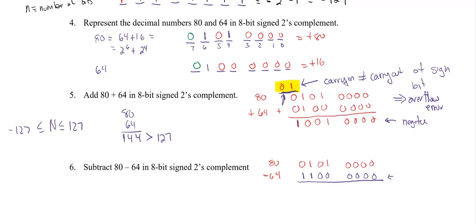Now we go ahead and we add those, 0, 0, 0, 0, 1, 0, 0, carry the 1, 0, carry the 1, and now our carry in is equal to our carry out of the sign bit. So they're equal. That's cool. So what do we end up with? We end up with 2 to the 5th, so this is equal to 32.